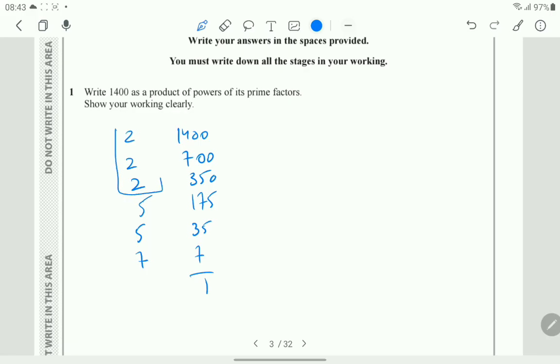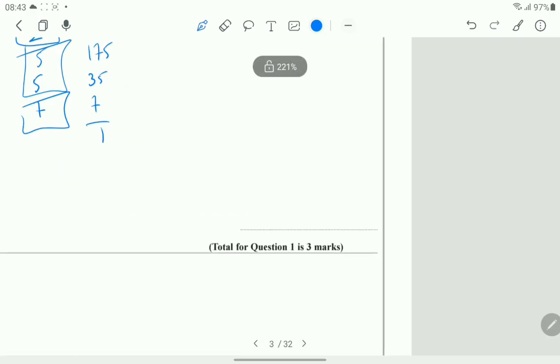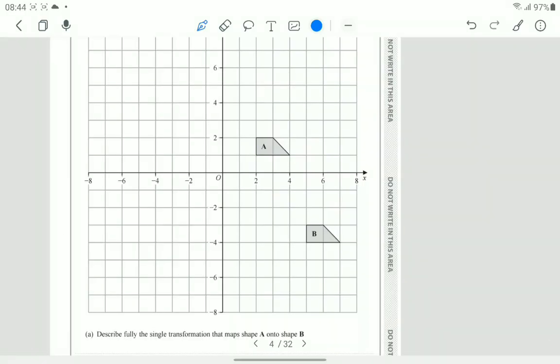Now these are the prime factors, so the final answer would be 2 cubed times 5 squared times 7. So pretty simple stuff. The second question asks us, describe fully the single transformation that maps shape A onto shape B.